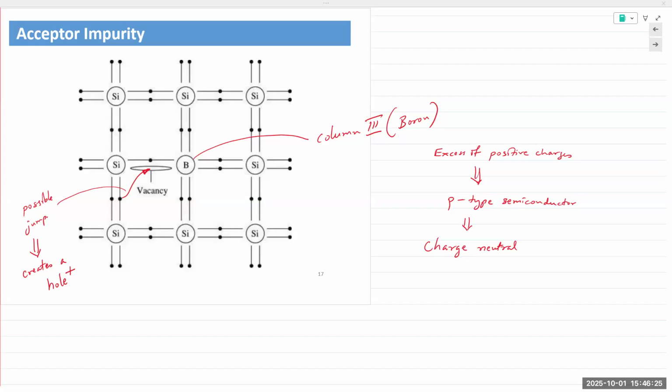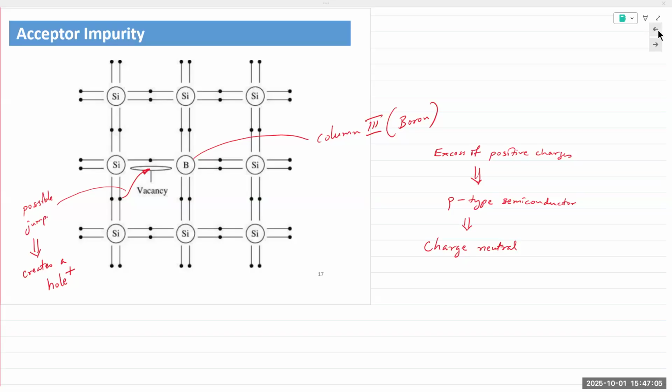Yes. So is the boron atom negatively charged? You're absolutely right. Yes. So the boron atoms accept electrons from the semiconductor, meaning they accept electrons from the silicon lattice atoms. And because the boron atoms are accepting an electron, they now have one extra negative charge. So these are negatively charged ionized acceptor atoms. Similar to the donor atoms.